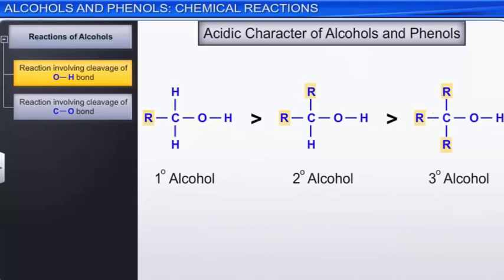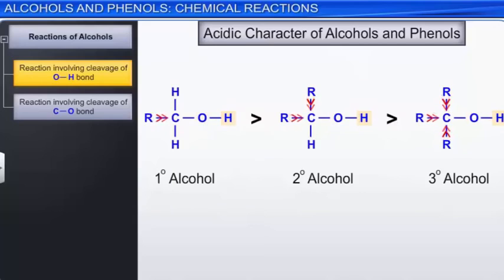The presence of alkyl groups in alcohols increases the electron density around oxygen by the inductive effect. As alkyl groups donate electron density to the oxygen, the oxygen-hydrogen bond becomes less polar. It then becomes difficult to remove an H+ ion from the alcohol.